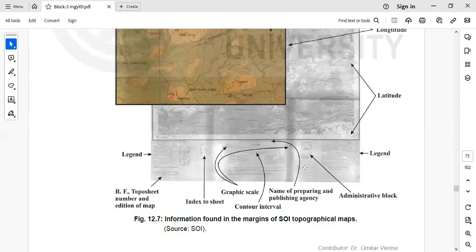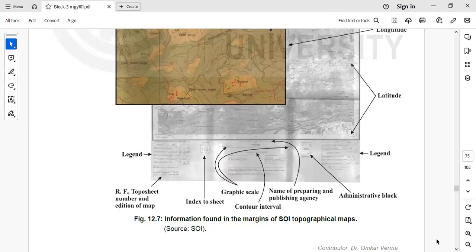And at the bottom of the map, you will get various information. For example, the legend is shown here, then the administrative index is shown here. The name of the preparing and publishing agency is there. Then contour interval, index to sheet, and then we have the information related to the scale.